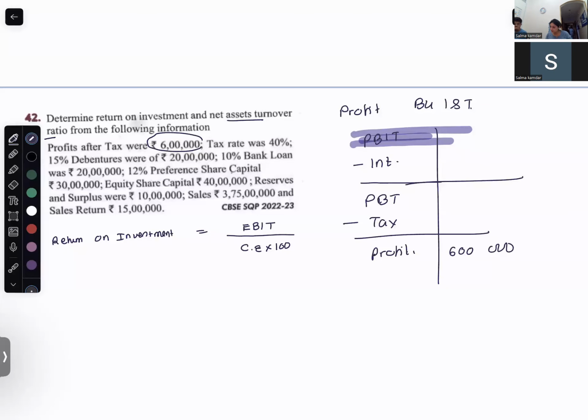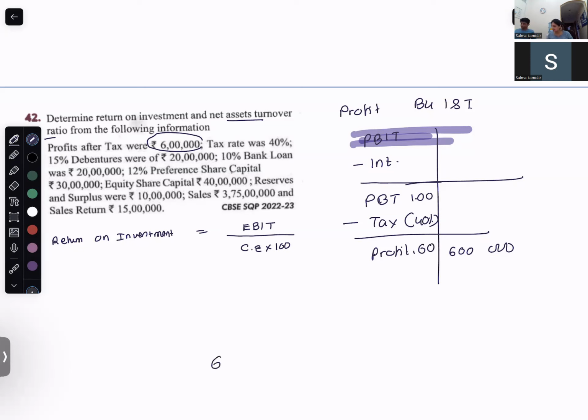Okay. Tax is 40%, so tax will be 40% of this. So can I say if profit before tax is 100, tax becomes 40, so profit is 60.